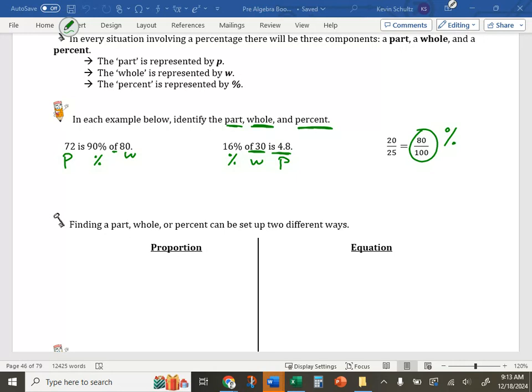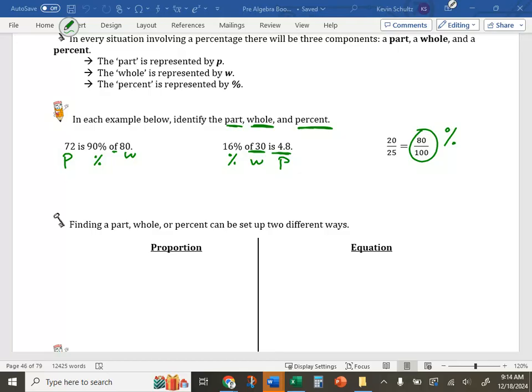What's our part? What's our whole? Our 100 is actually part of the percent here, okay? So the part of the whole will either be the 20 or the 25. And think of different ways that you can read that. You know, I said 20 over 25, 20 25ths. Liam? The part is 20. Why?